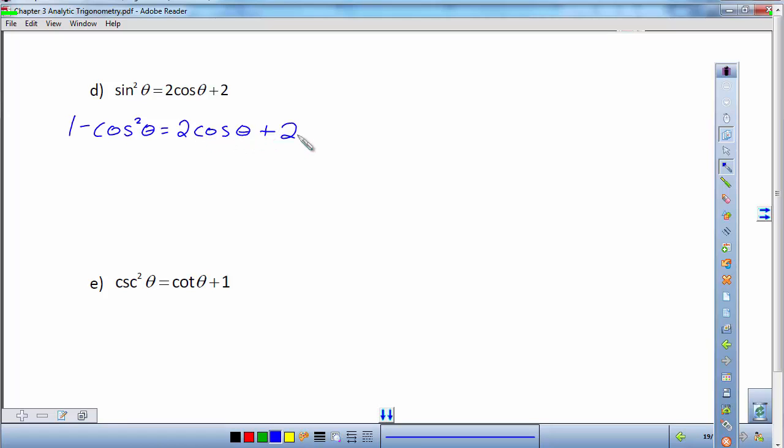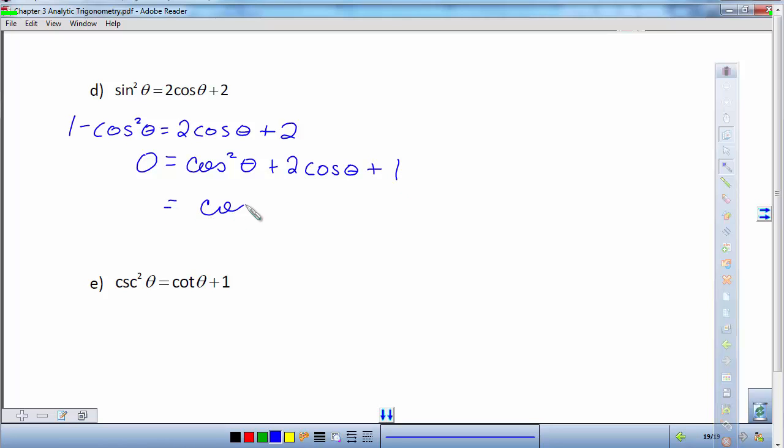And so we get, if I bring everything to the other side, because I want my leading term to be positive, 0 equals cosine squared theta plus 2 cosine theta, and then if I subtract the 1, we get plus 1. Is that right? This one actually is a perfect square, right?